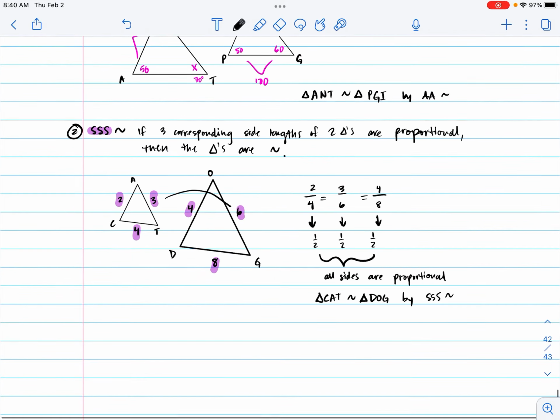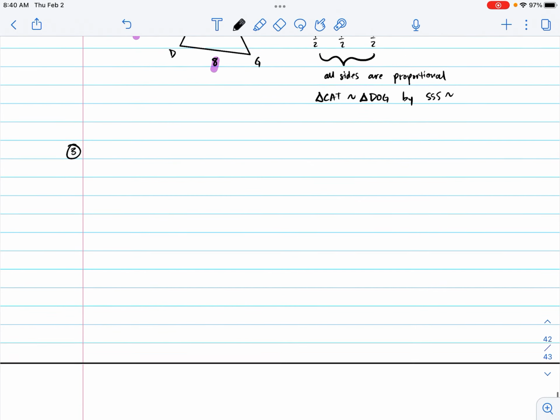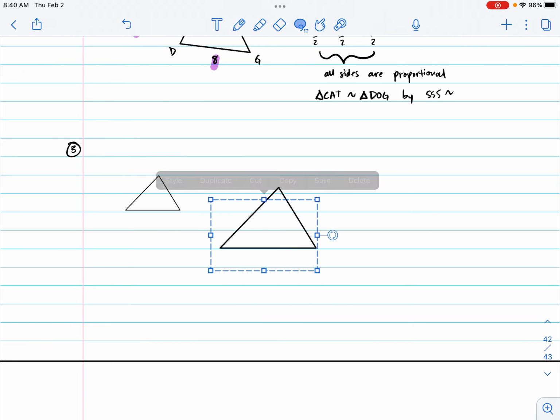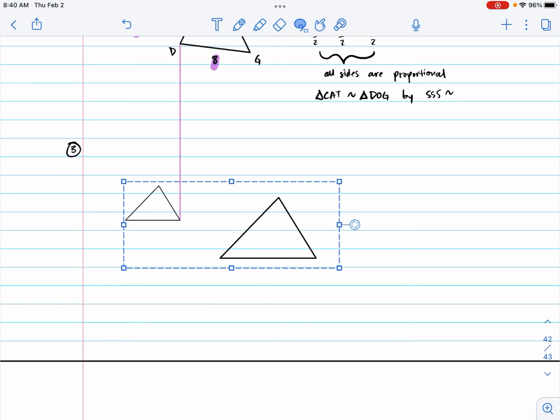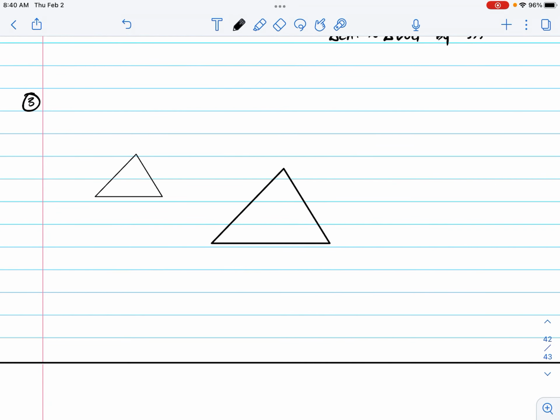Okay? And then the last way to prove is if you have two triangles. I'm going to take this, copy it again. Let's blow this up a little bit. I'm going to shift this down slightly. And let's use hog.